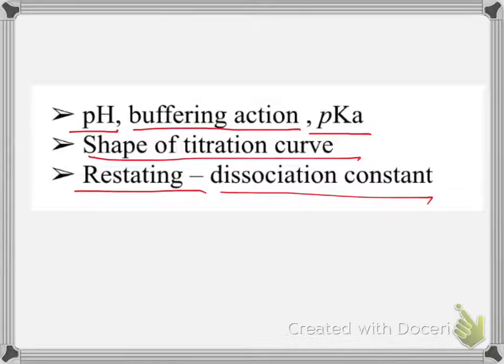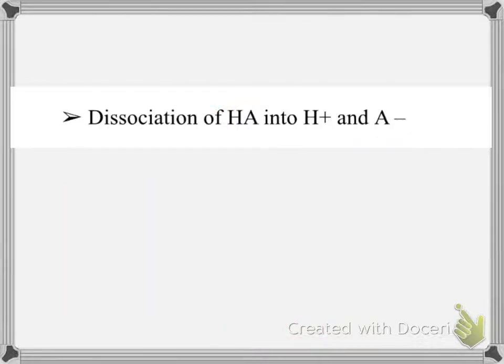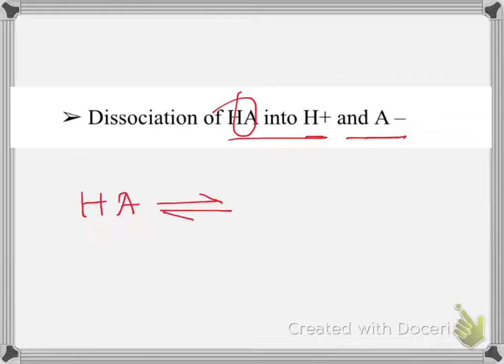Now consider the dissociation of HA into H plus and A minus. We can write the equation as HA gives H plus and A minus.